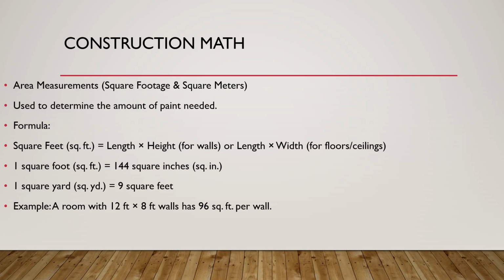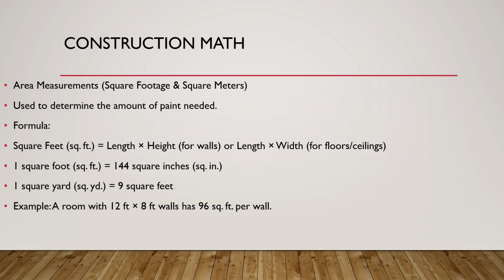So area measurements. When we're talking about square footage and square meters, used to determine the amount of paint needed. Whenever you want to get a square footage, like we did before, you're going to multiply length times height. And for floors and ceilings, length times width. So 1 square foot equals 144 square inches because it's 12 by 12 inches.